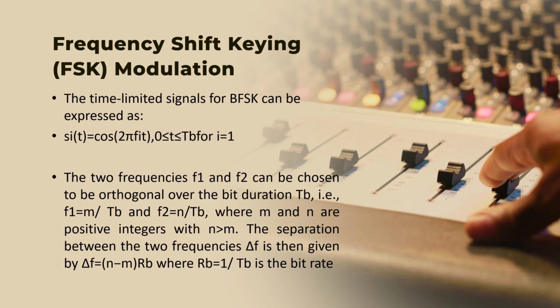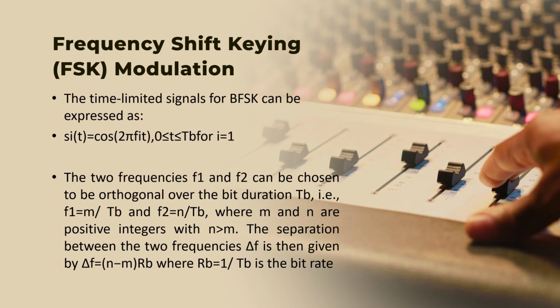Specifically, in binary frequency shift keying, BFSK, two distinct carrier frequencies are employed. One frequency, the mark frequency F2, represents a binary 1, while the other frequency, the space frequency F1, represents a binary 0.